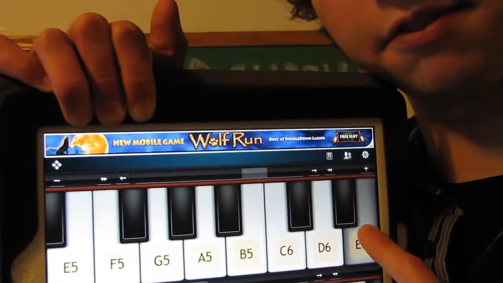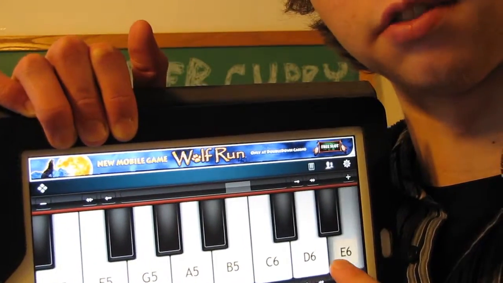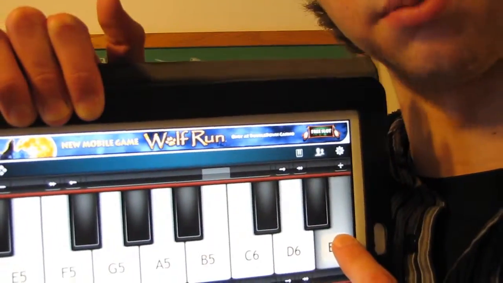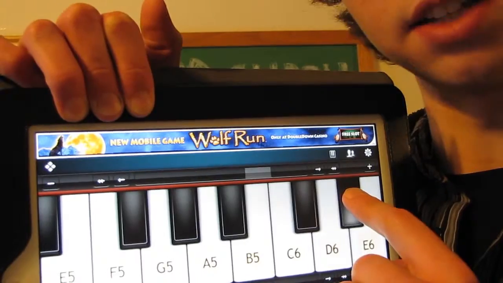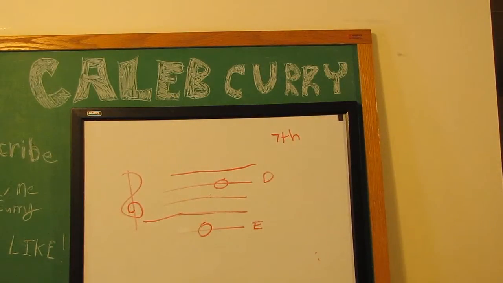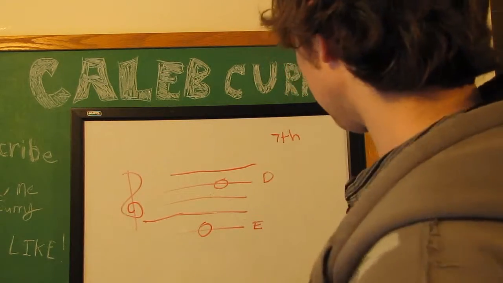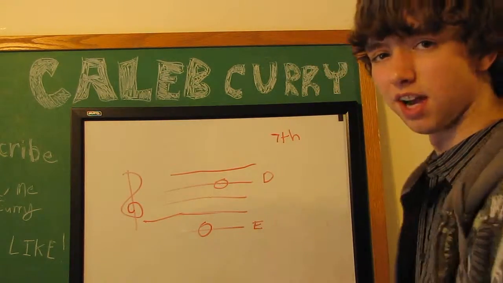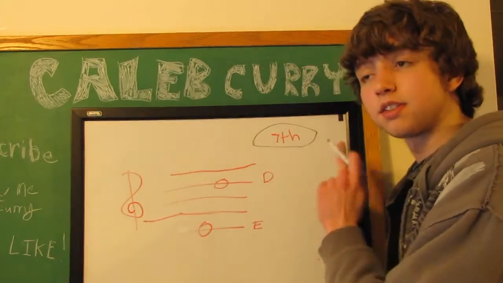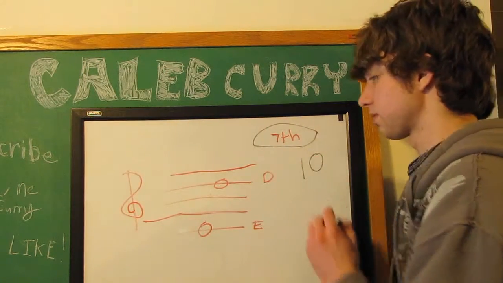So 2 half steps less than an octave, because that's 1, that's 2. So that's 12, that must mean that's 11, that's 10. Now, we know the interval size. I keep saying scale degree, it's called interval size. This is a seventh with 10 half steps.